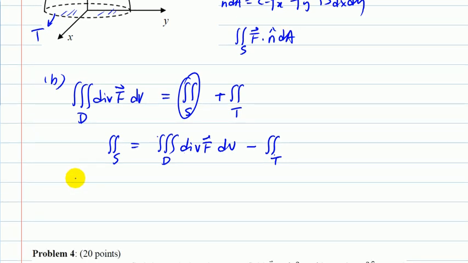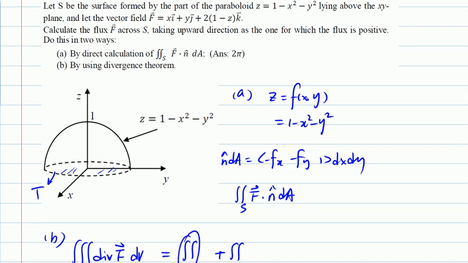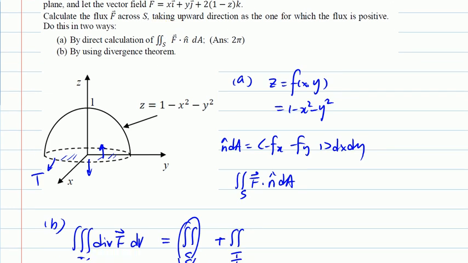Now let's see what the surface integral is for the unit disk at the bottom. You need to look at what direction this bottom surface has. The direction can be this one or this one.